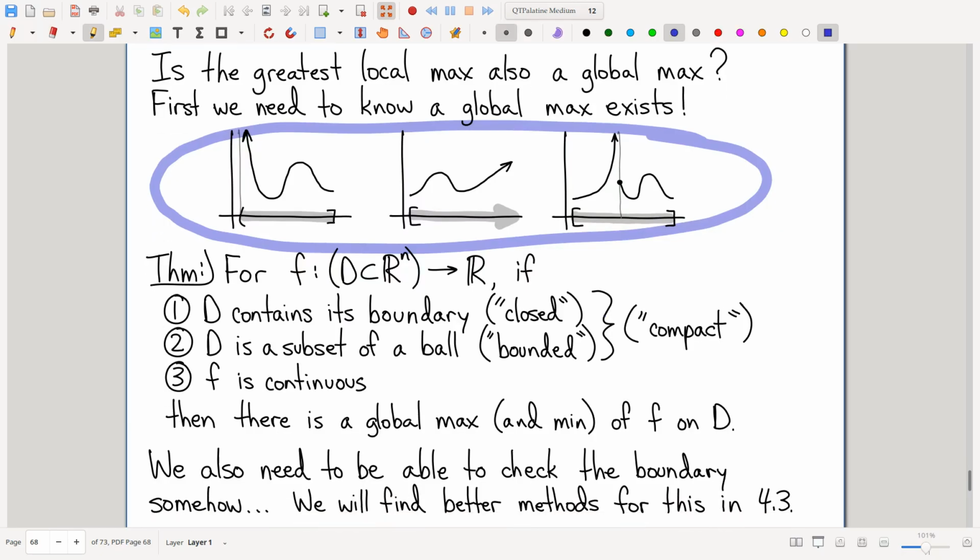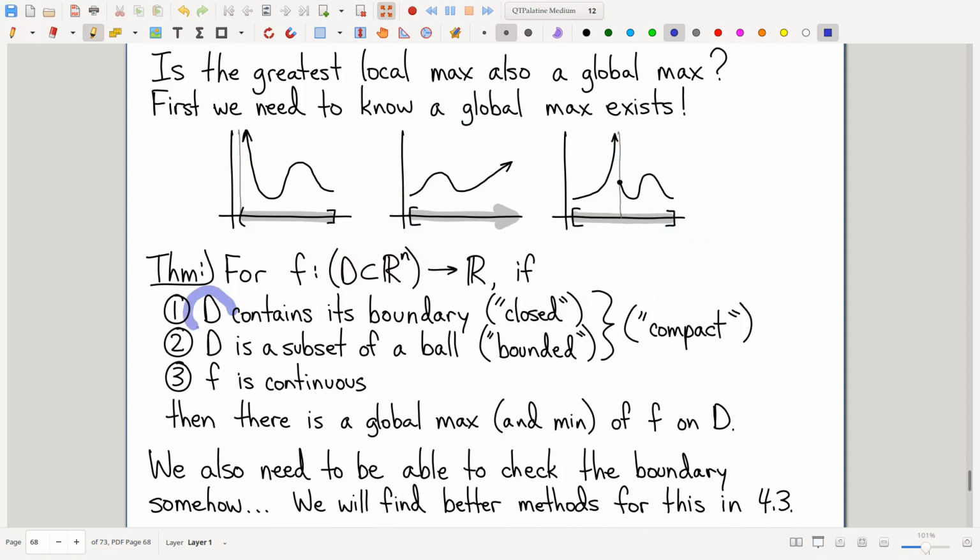So, if your domain is closed, in other words, none of that nonsense, and if your domain is bounded, in other words, none of that nonsense, and if your function is continuous, in other words, none of this funny business, if these three conditions are satisfied, there is a maximizer that does achieve the absolute maximum value of the function on that domain.